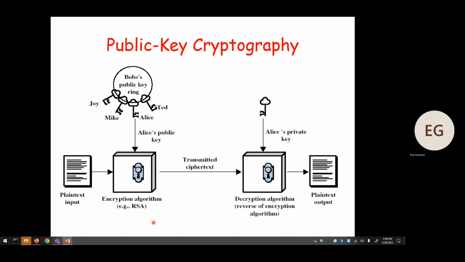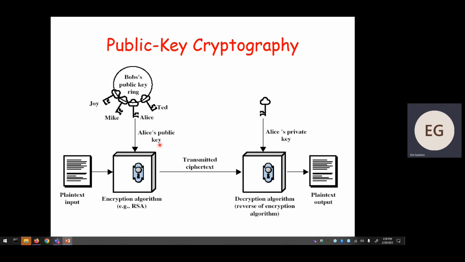So let's see this drawing. This is the side of Bob, and this is the side of Alice. Let's say that Bob wants to send a private message to Alice and he wants to encrypt it.